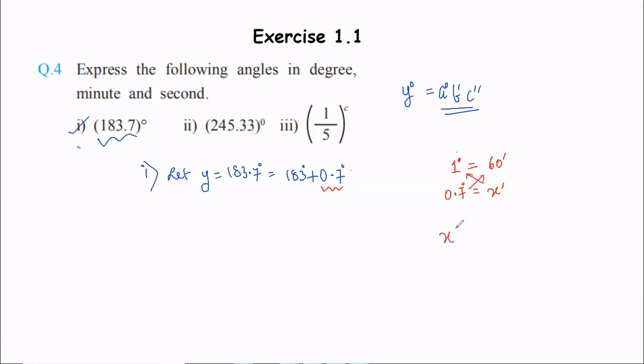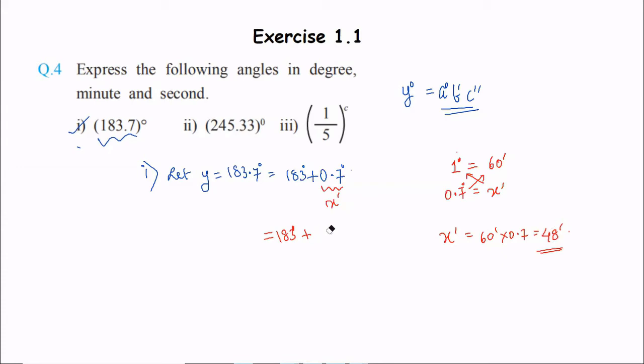Consider this as x minutes. So x minutes will be equal to 60 minutes into 0.7. Wait a second, sorry for the correction.